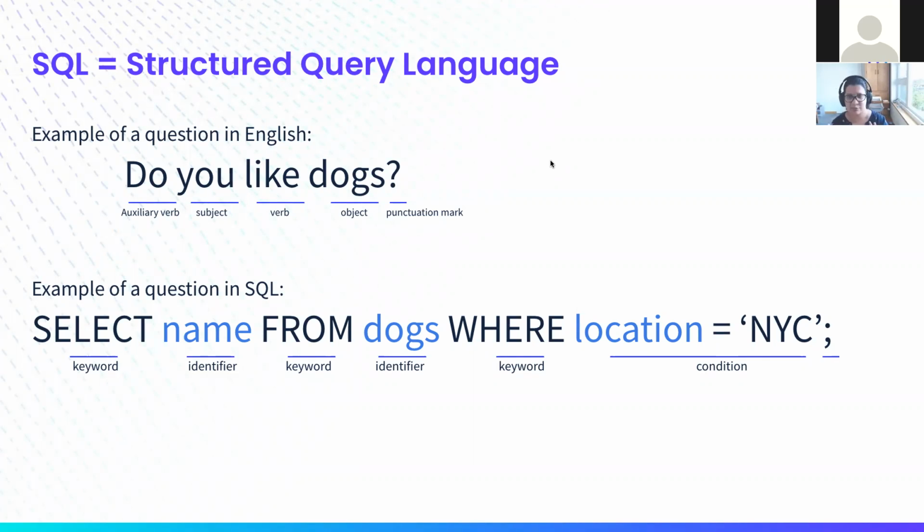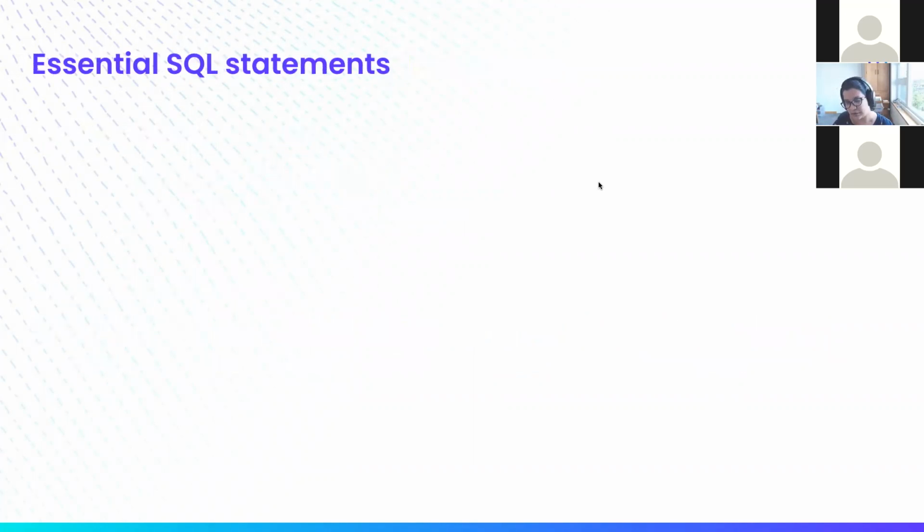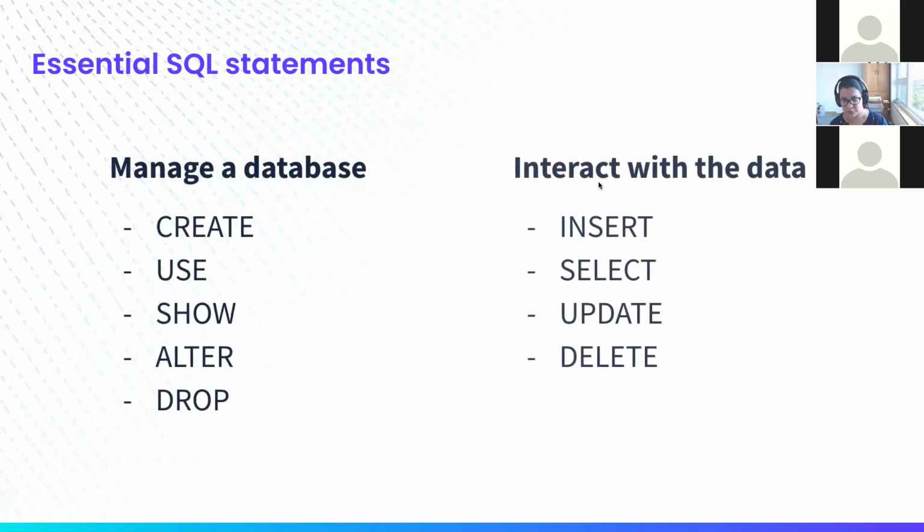So to recap, SQL is a language that you can use to talk to a relational database and ask questions to the database to get interesting information from it. And because SQL is so powerful, it can also get very overwhelming at times. So for this workshop, we are going to focus on the basic SQL statements.